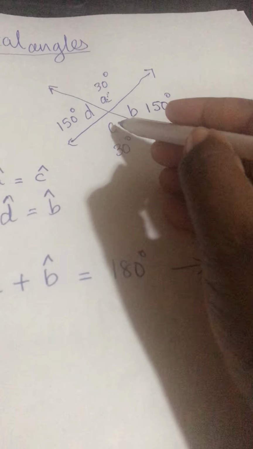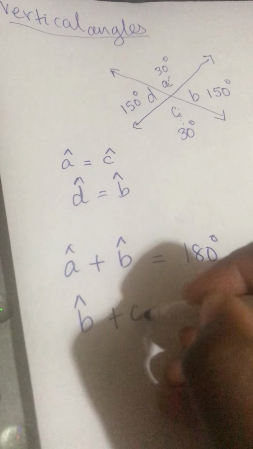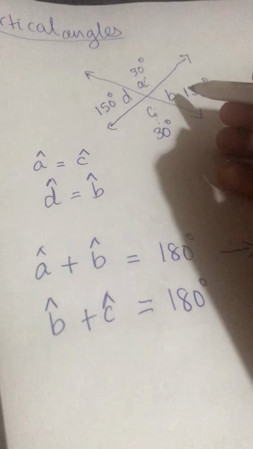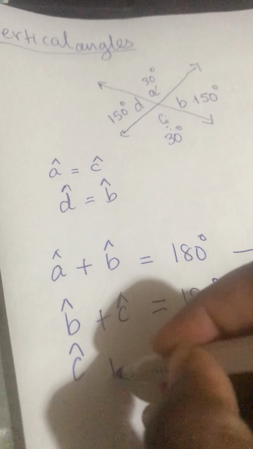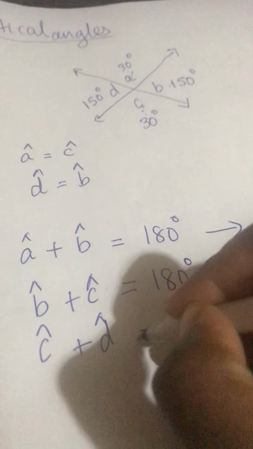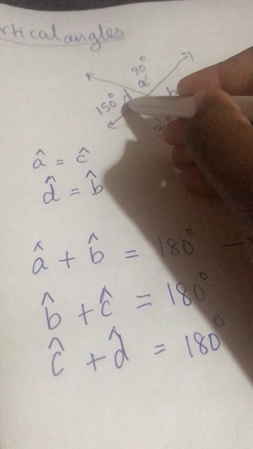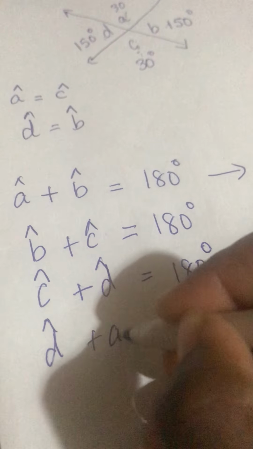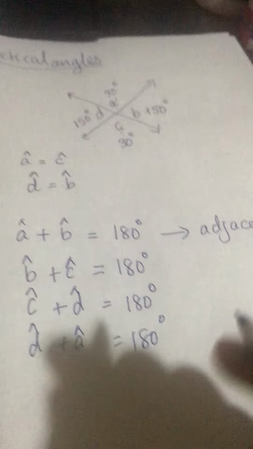Angle B plus angle C should also add up to 180 degrees because they are adjacent. Angle C plus angle D should add up to 180 degrees. Angle D plus angle A should add up to 180 degrees.